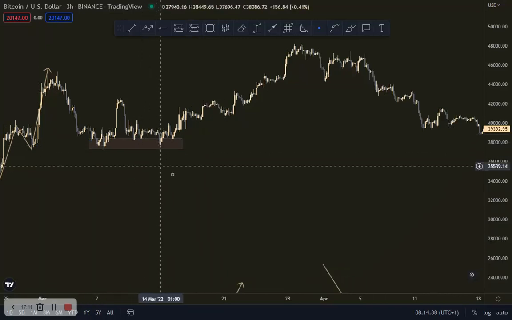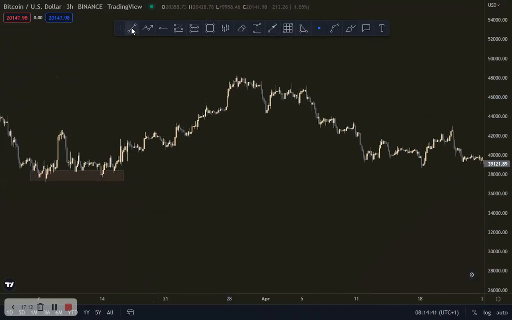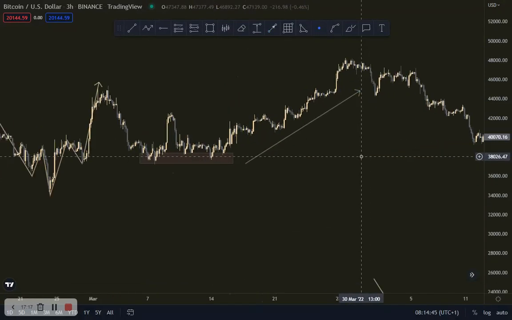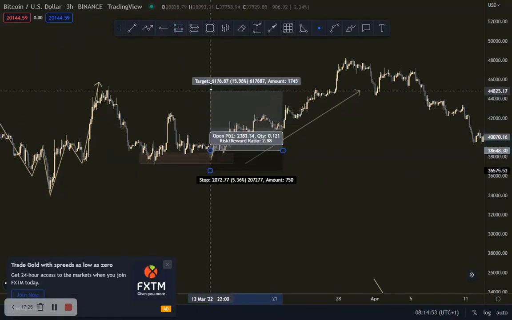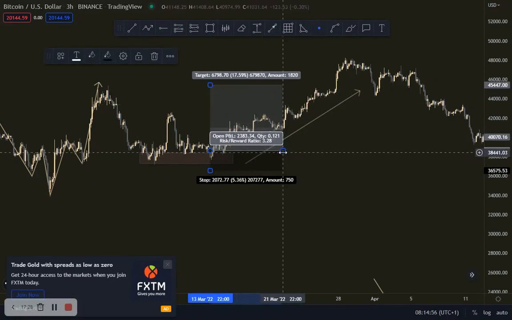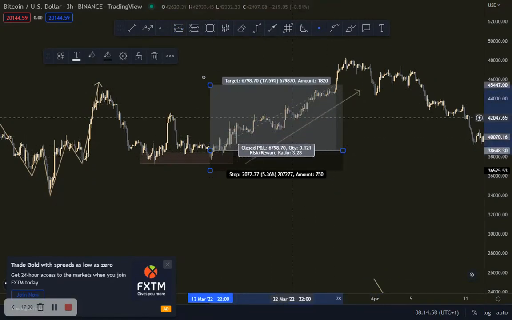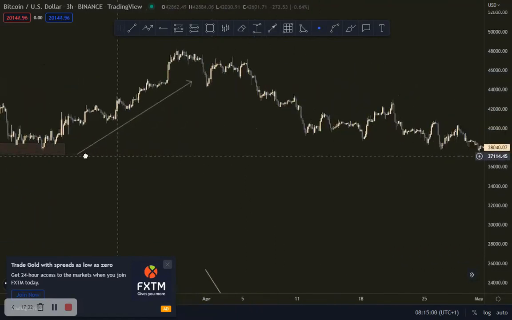First rejection, second rejection, move to the upside, push. So with this double bottom, you could have bought here, placed your buy order, and had your take profit here. You see, TP smashed, right?